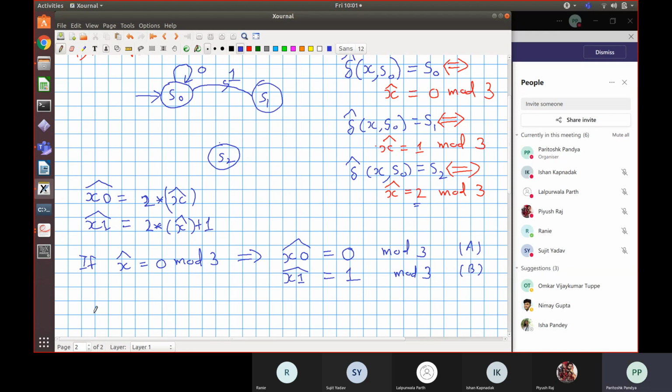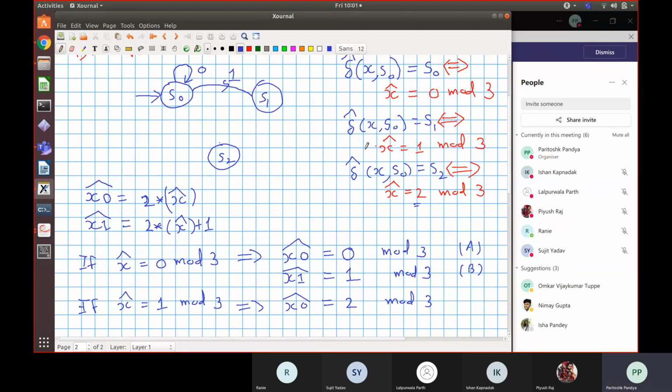Okay. Now suppose you are in S1. If X hat is equal to 1 mod 3, that is the remainder of X hat divided by 3 is 1, then what happens when I double the number? The remainder was 1, you are doubling it, so you will get 2. Is that clear?